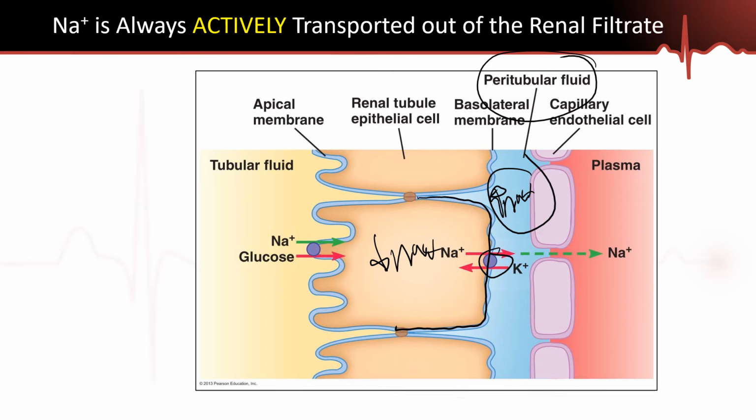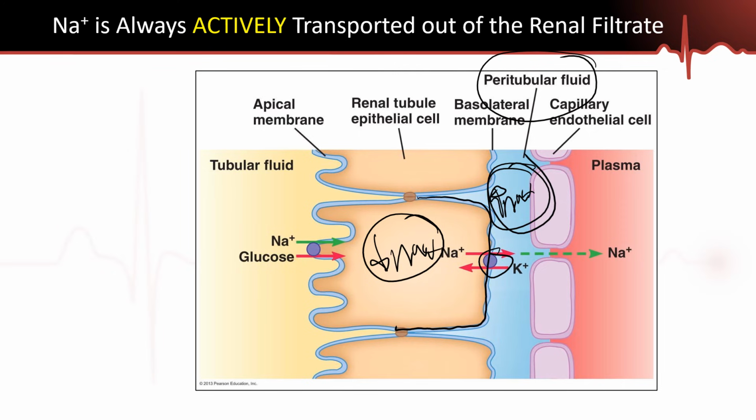Active transport is what cells use to move molecules from low to high concentrations across their membranes. So we want to move sodium from a low concentration in the epithelial cell to a high concentration in the peritubular fluid. And we need to get sodium past the basolateral plasma membrane in order to do this anyways.